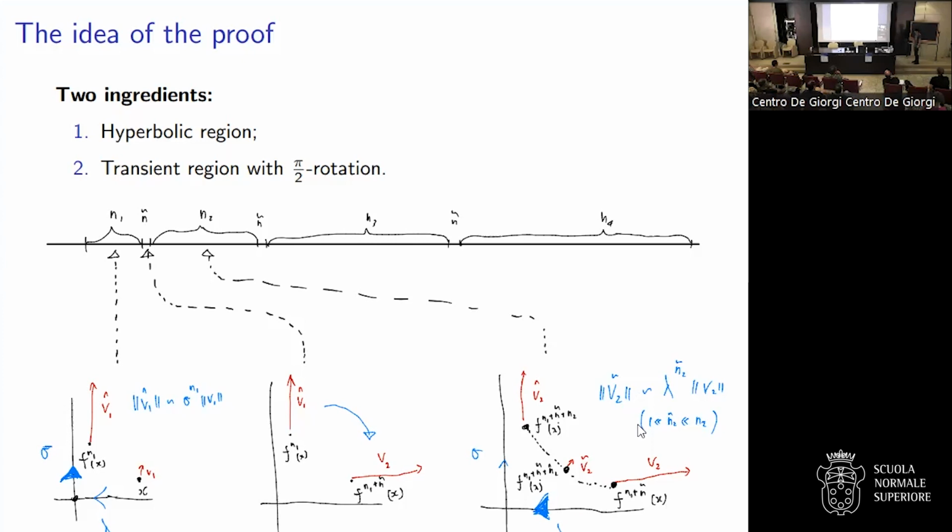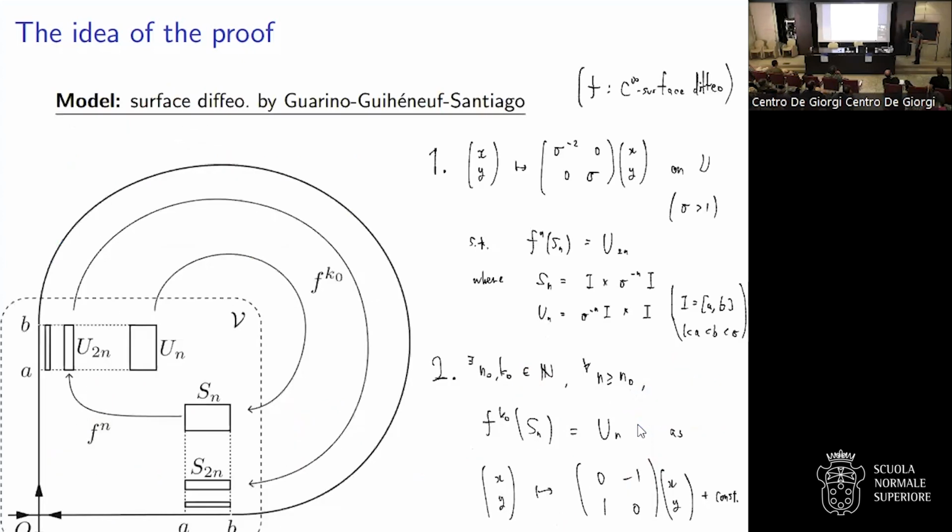And the best toy model for this idea is a surface diffeomorphism recently constructed by Guarino, Guihéneuf, and Santiago. This is a very simple model.